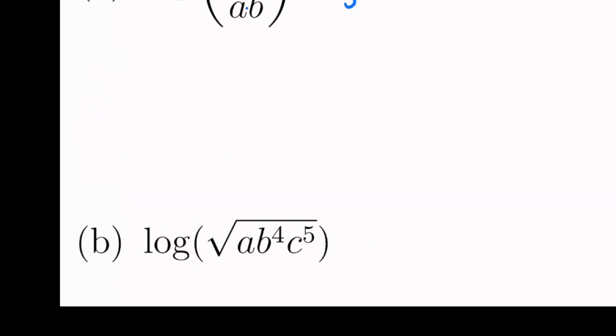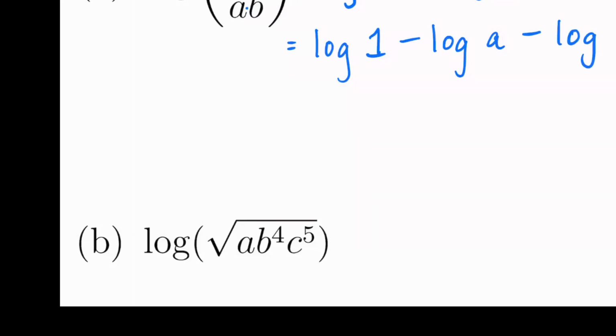We have log of 1 minus, and I'm going to put both of these in a bracket, log of A plus log of B. Both of those are being divided, so that minus needs to be distributed, or you could just right away write them both as minus.